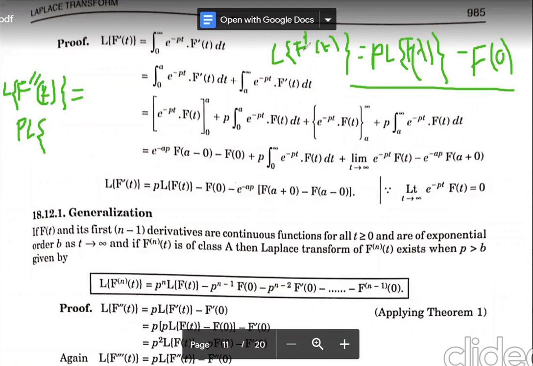Whenever you transform, the derivative decreases by 1. Here f dash is a first order derivative, so it becomes the non-derivative term f of t.